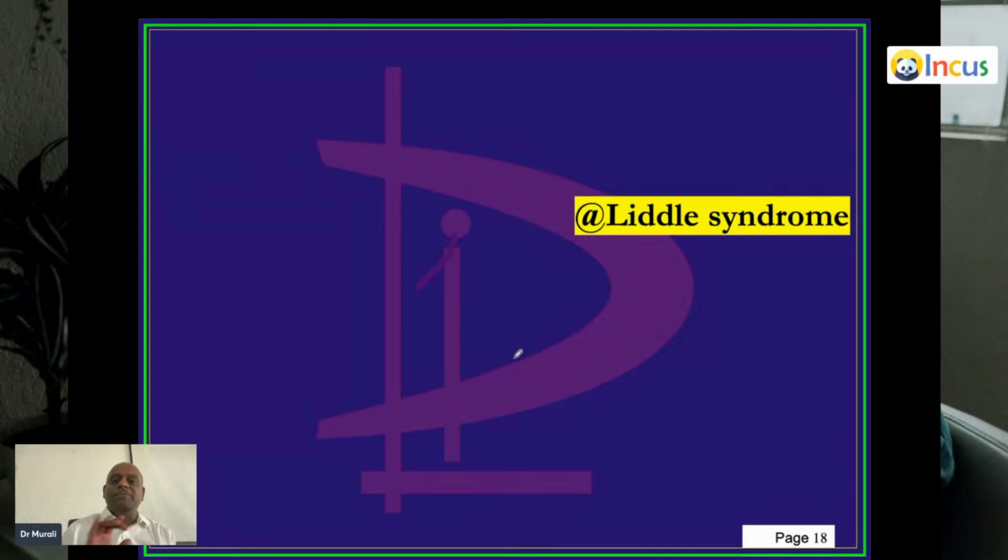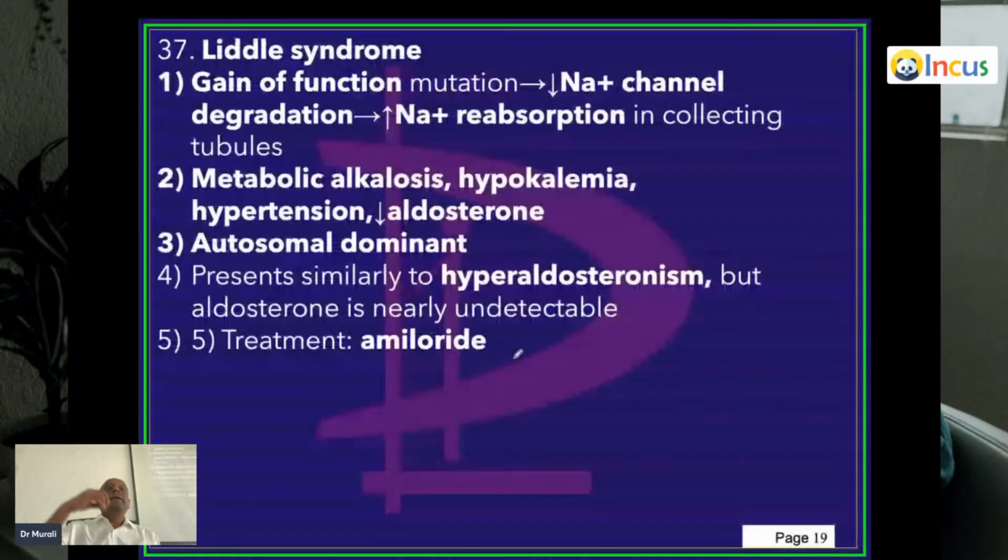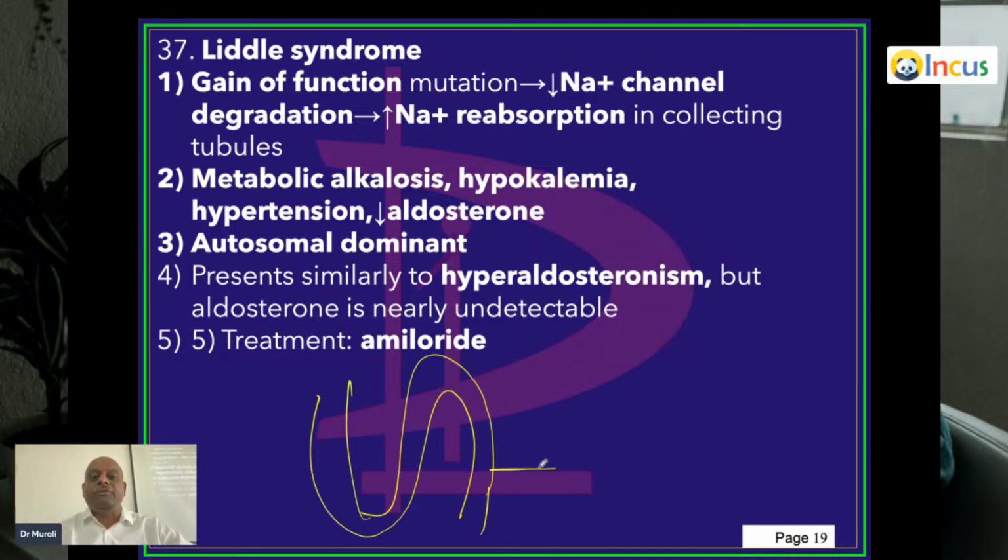Okay, so now comes Liddle. Liddle is a gain of function mutation in the epithelial sodium channel in the collecting duct. Because of that, even without the behest of aldosterone, the epithelial sodium channel remains open and that will lead to enhanced sodium reabsorption.